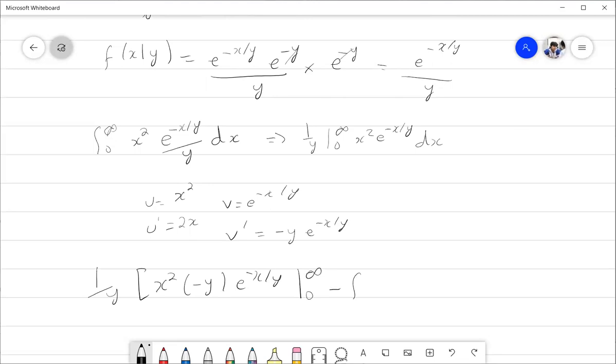Now minus integral from 0 till infinity of u dash and, let me call this v star, u dash and v star, which is minus y, no wait, 2x minus y, 2x into minus y e to the power minus x upon y dx.